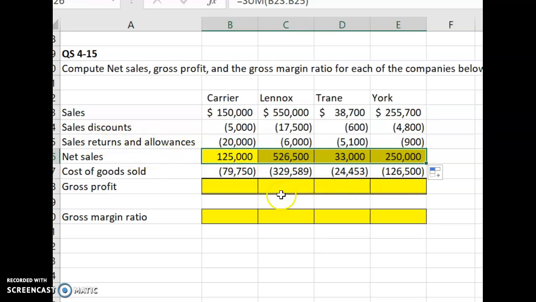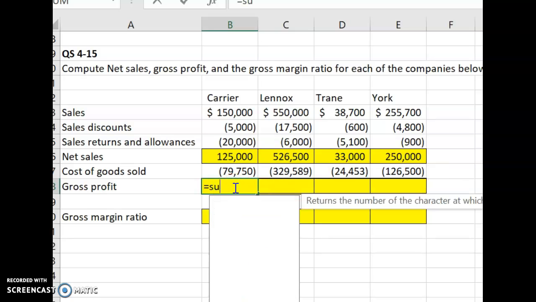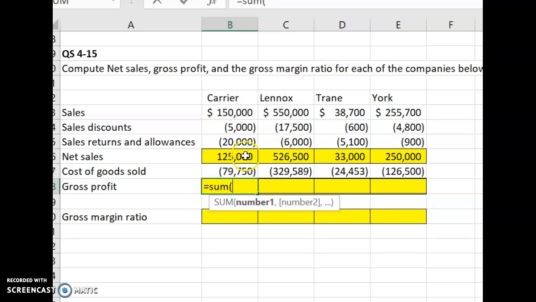So we've summed our net sales, and now we can also sum the gross profit, which will subtract the cost of goods sold because it's entered as a negative. That's why we're using the sum function here. If that wasn't entered as a negative, we would have to subtract cost of goods sold because that's a cost of our operations.